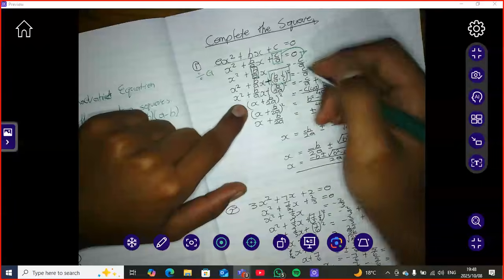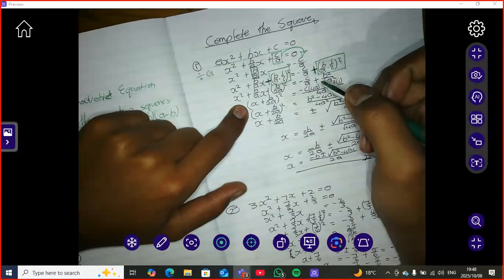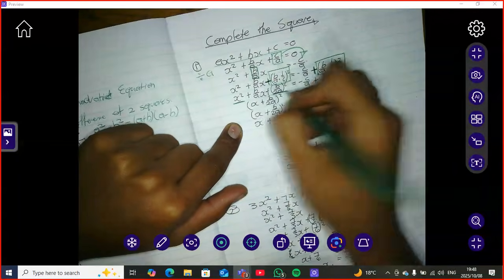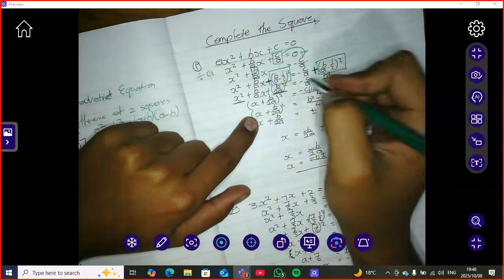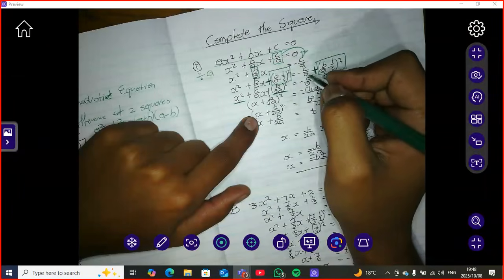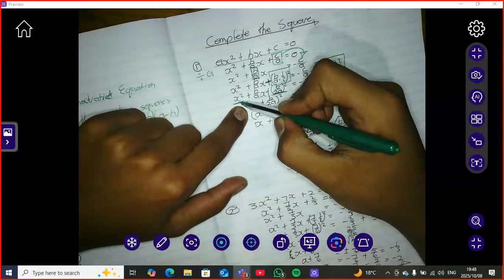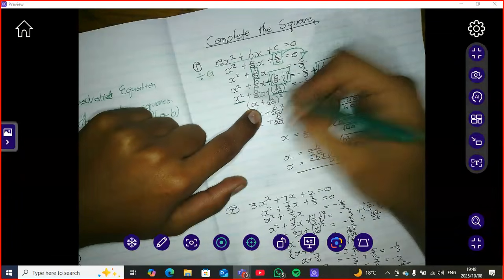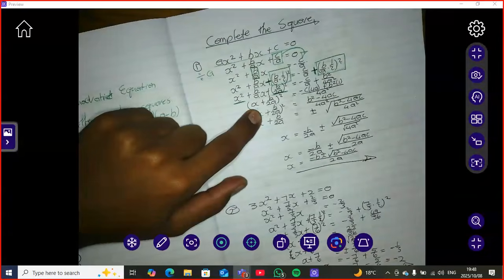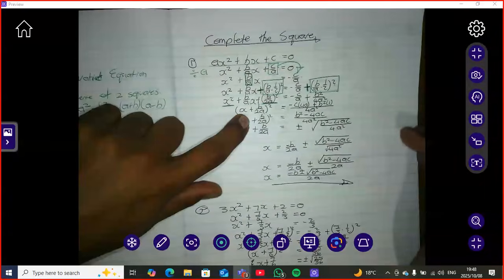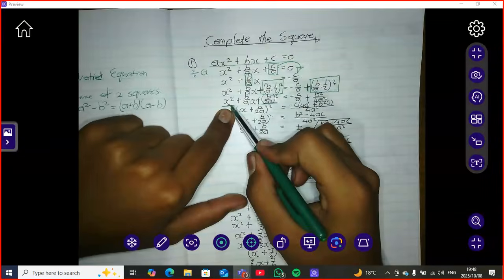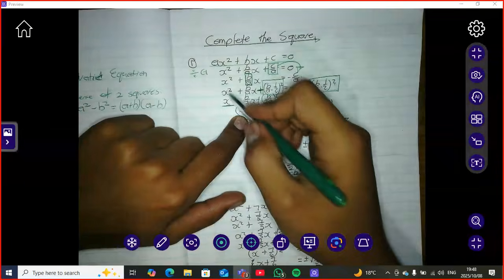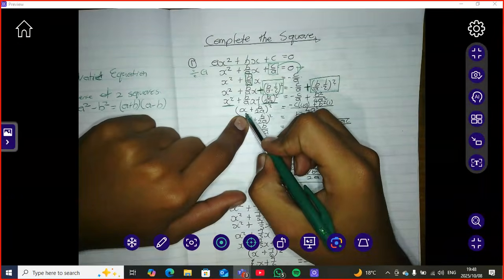So here I have a squared, and there I have a squared. All I do is take that x squared, and I put the x there. The squared falls away, and the x comes here.